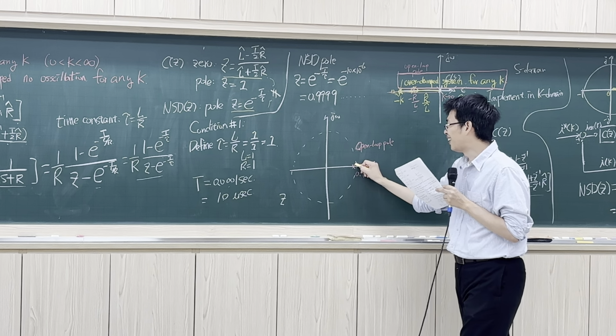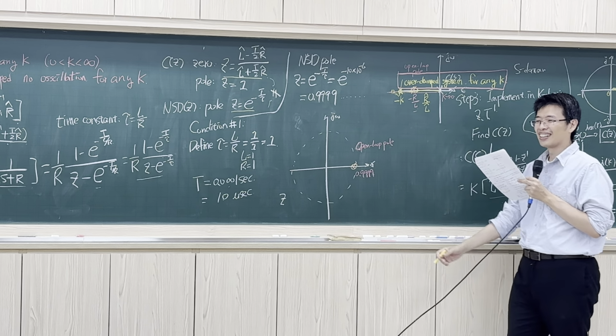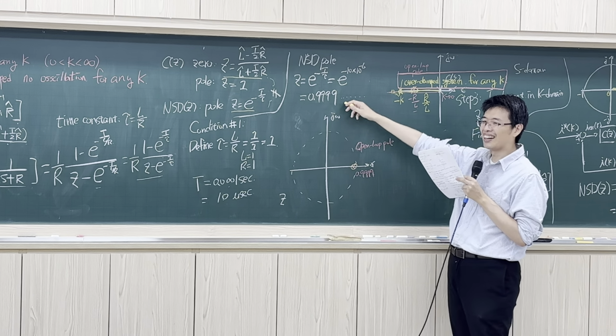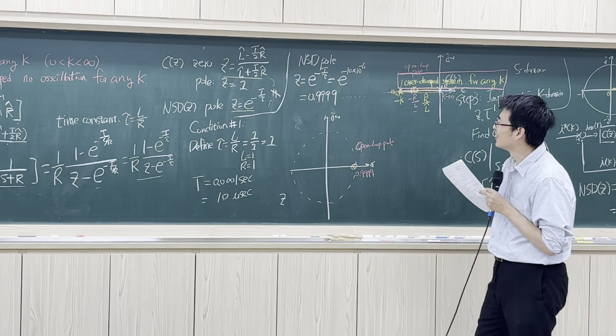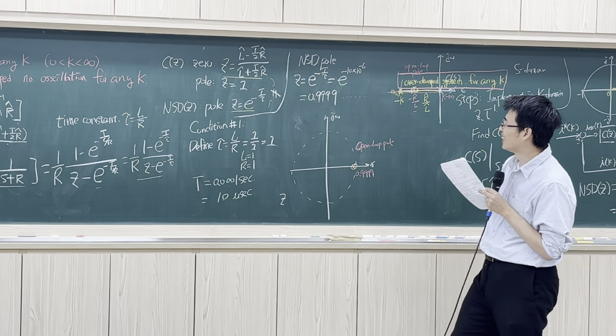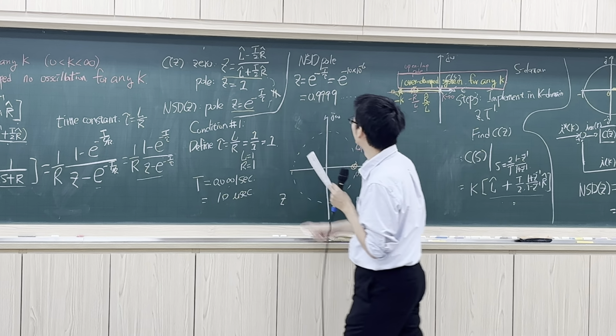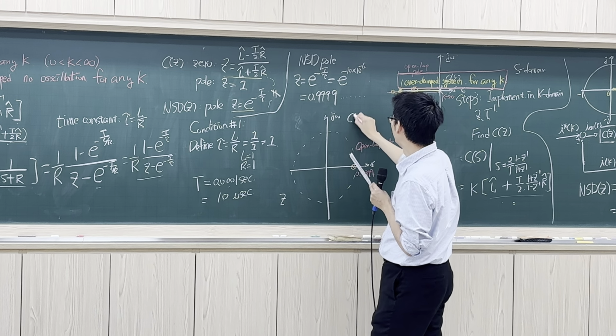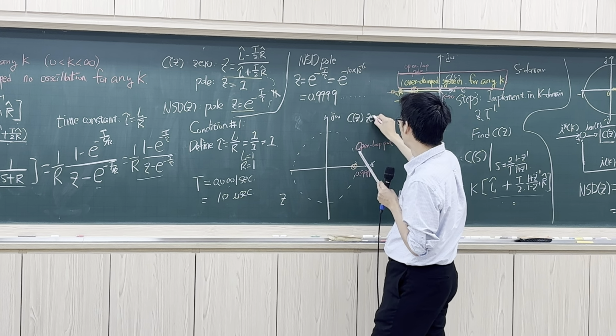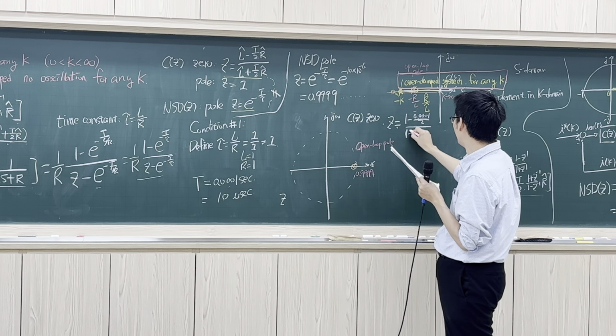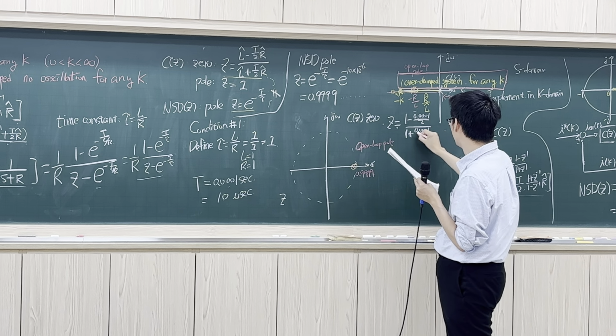If our CZ0 can be located at exactly this number, it means it can do the pole-zero cancellation. So let's check CZ0. CZ0 is equal to Z is 1 over 0.0001 over 2, 1 plus 0.0001 over 2.